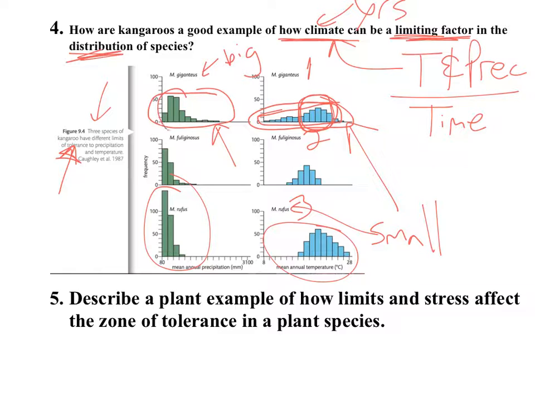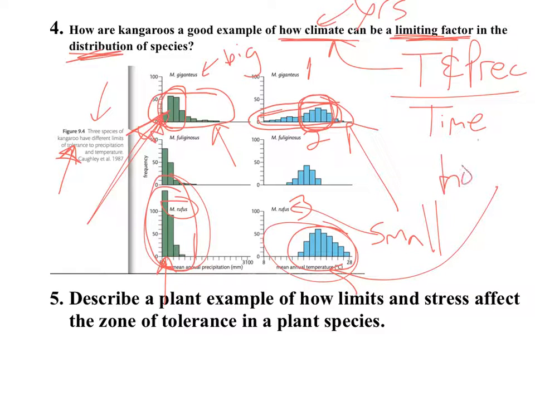And they only live with a certain amount of precipitation. So that limiting factor is actually stronger. And if you look at rufus, they're very successful at low precipitation, and they are very successful at high temperature. So we can expect these species, rufus, to survive in hot climates.